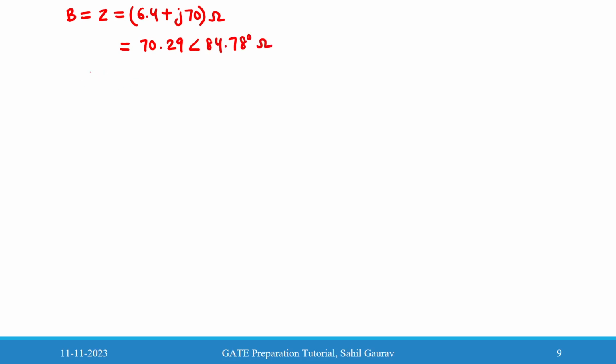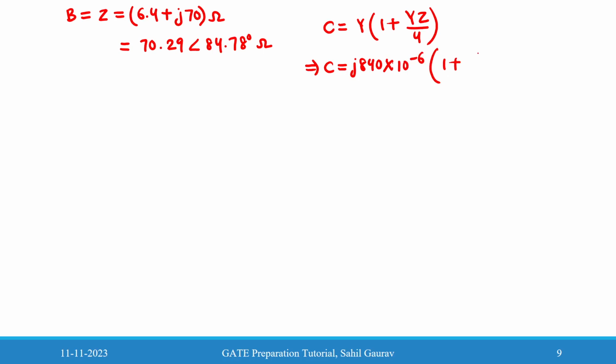Similarly, we can find the C value. C is Y into 1 plus YZ divided by 4. C is j840 times 10 to the power minus 6 into 1 plus (6.4 plus j70) times j840 times 10 to the power minus 6, divided by 4.